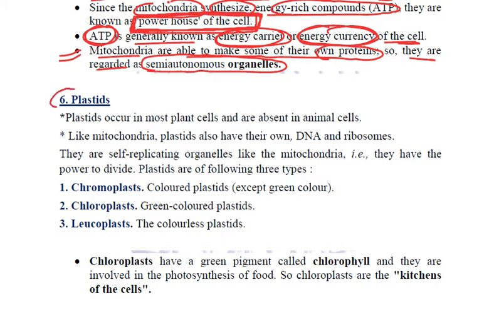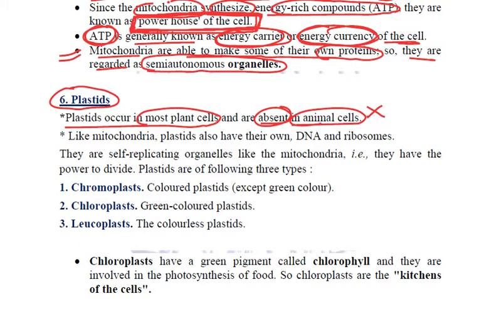Next we come to plastids. Now these plastids, they occur in most plant cells. They are absent in animal cells. So plastids absent in animal cells.